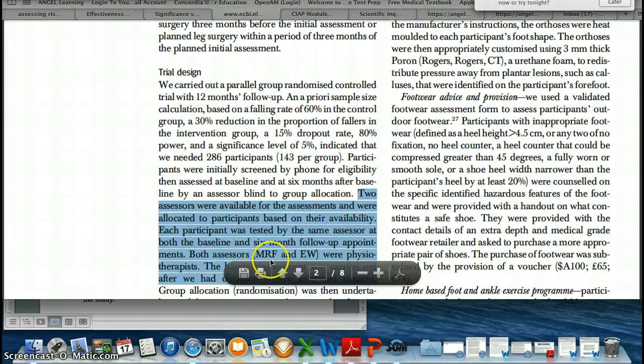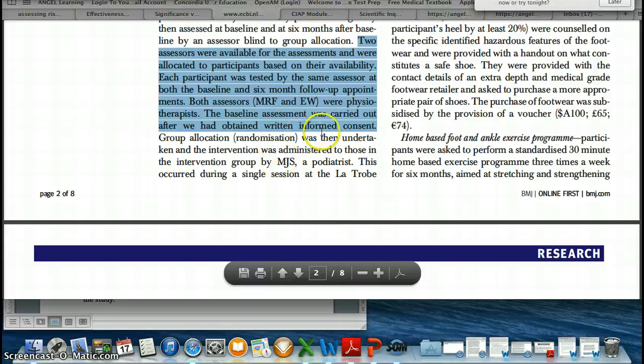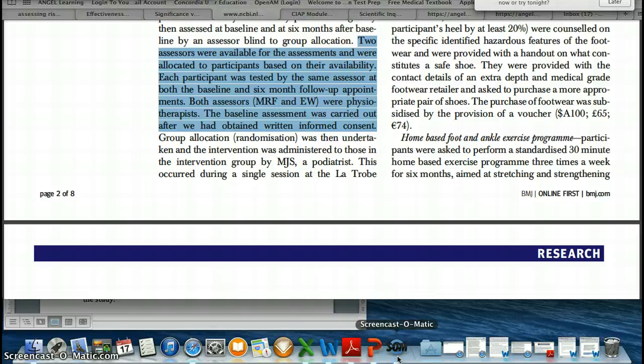Both assessors were therapists. And then it goes into explaining the baseline assessment that was carried out, group allocation, randomization, those things. So it's just really going into the method section for the answers you're looking for. And again, you can use that bias worksheet that you have been provided within Module 4 to help you look for this information.